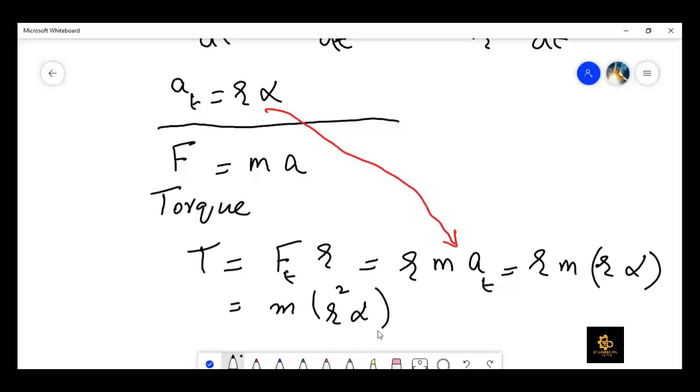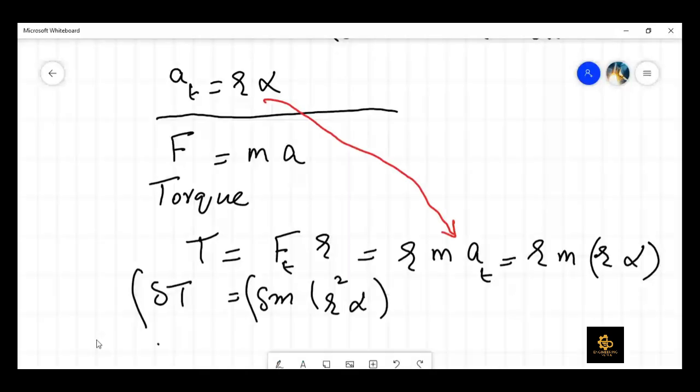Now this torque is for a single point on that body. If we want the torque acting on the entire rigid body, we need to integrate this, because we can put differential torque here for that point. So to extend this to the whole body, we do the integration.